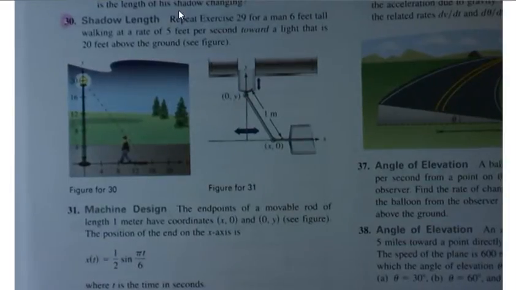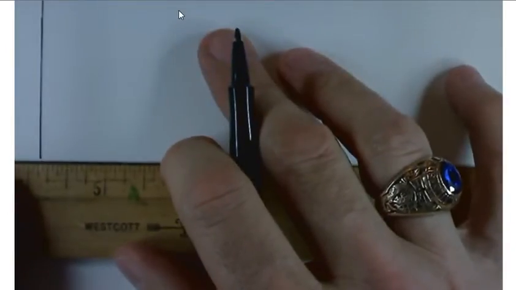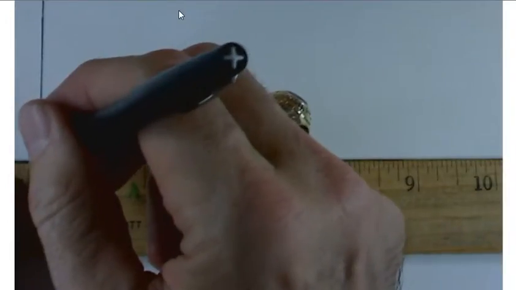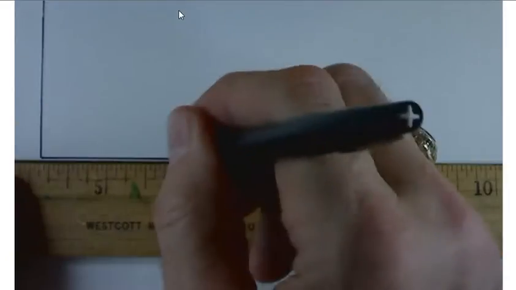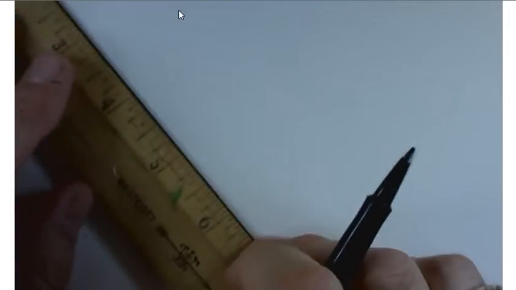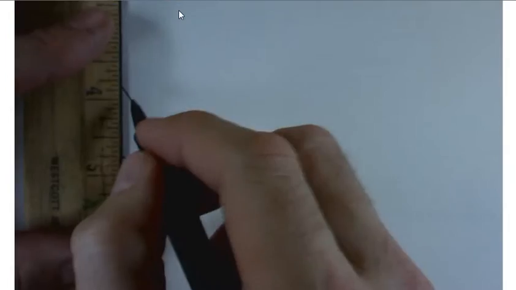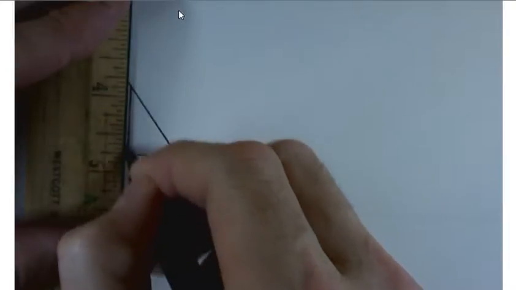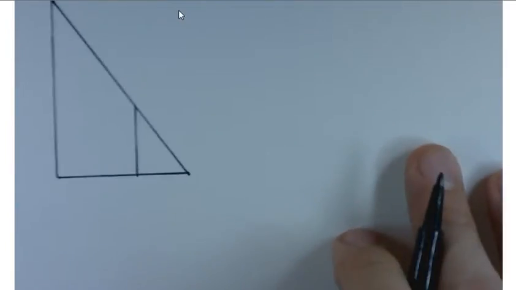Let me kind of draw this in a very abstract way. So we'll draw a triangle involving the telephone pole and the tip of the guy's shadow right here. And then we have a gentleman which is 6 feet tall.